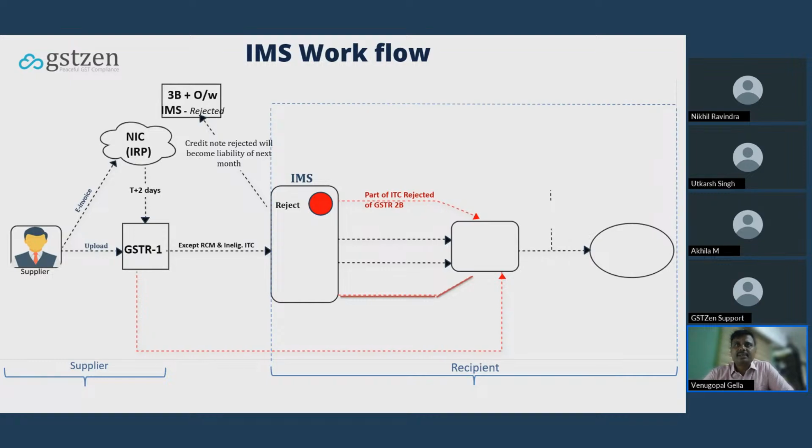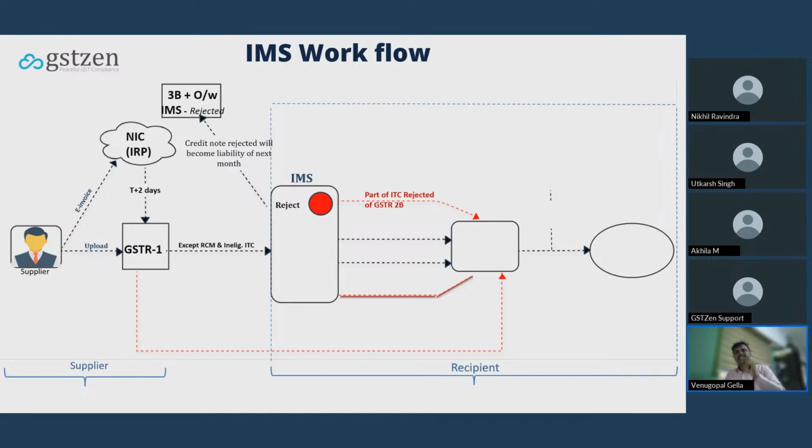The recipient here has rejected the credit note, so the recipient doesn't want to reduce the credit. The moment the recipient rejects, in the next month's 3B of the supplier, it gets added as the liability. That 3B is filed on 20th February.